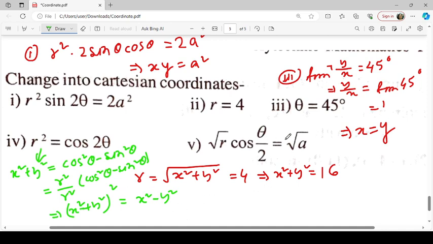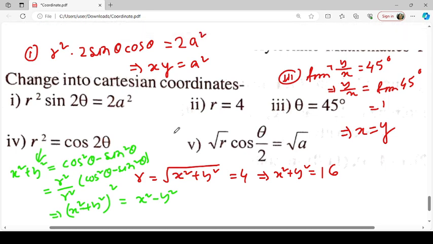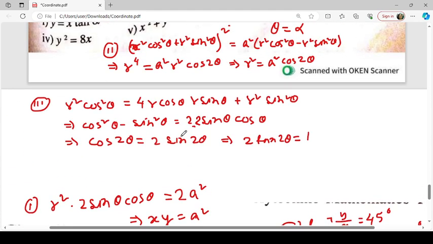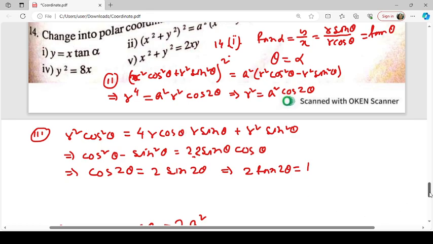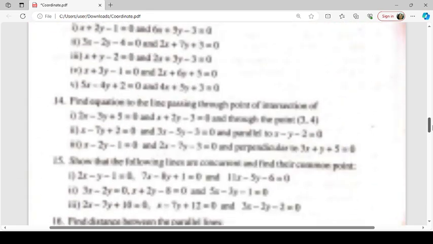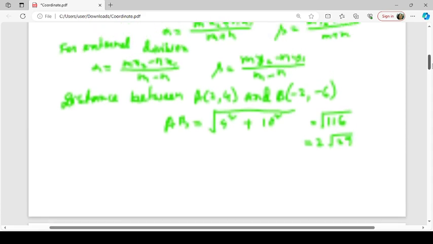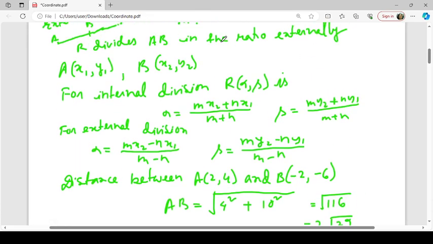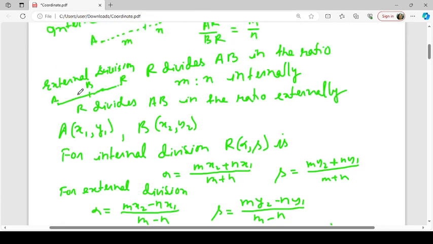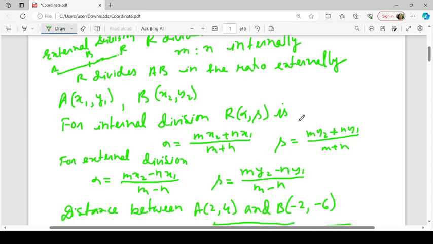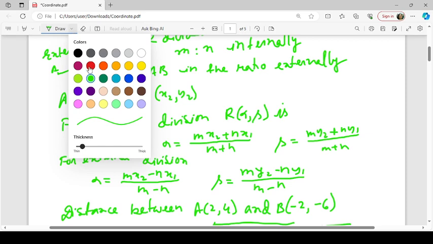So this is all about Cartesian and polar system. Another thing is here, when we speak about this division, suppose there is a line segment.